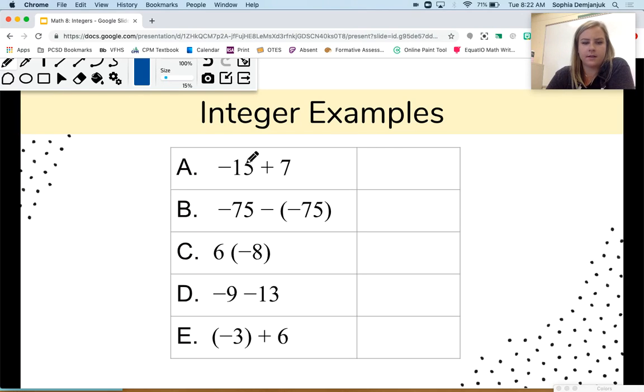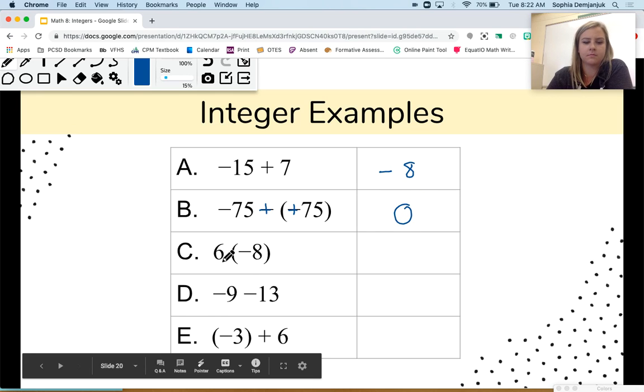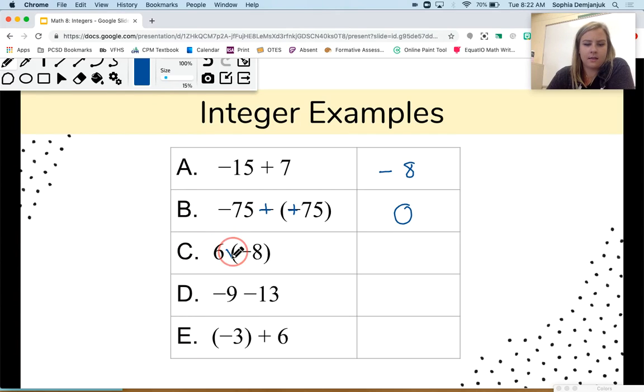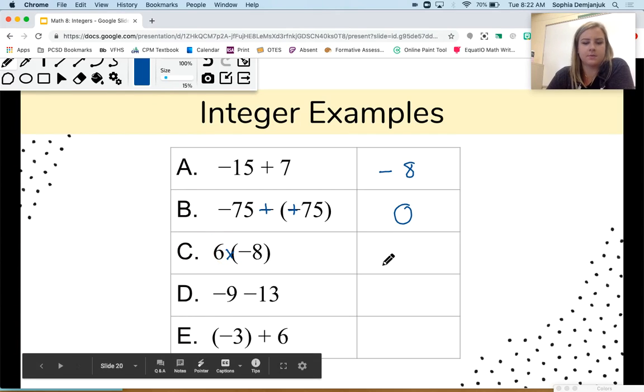And for your final answers, negative 15 plus 7, that's going to stay negative. 15 minus 7 gives me 8. I see the double negative right here, so it turns into two addition problems. Negative 75 plus 75 takes me back to 0. C, they're connected with parentheses, so it's really multiplication.